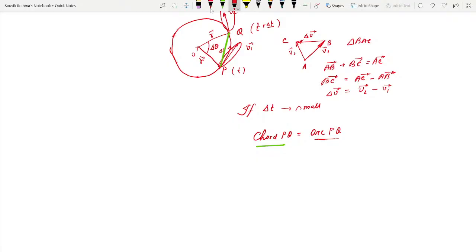Now consider from the main diagram triangle OPQ. This is also a triangle, na? In this triangle OPQ, triangle POQ is similar to the triangle BAC.